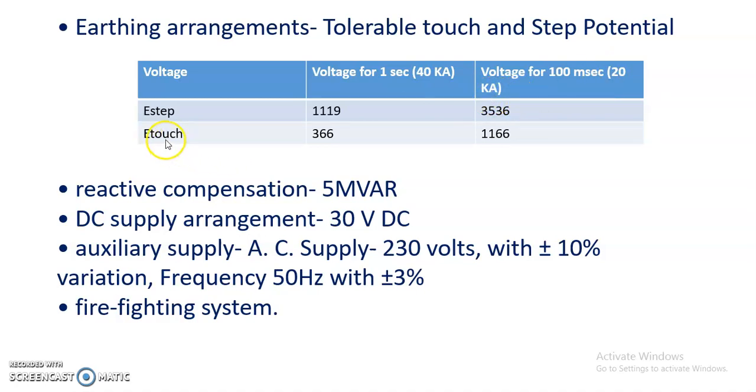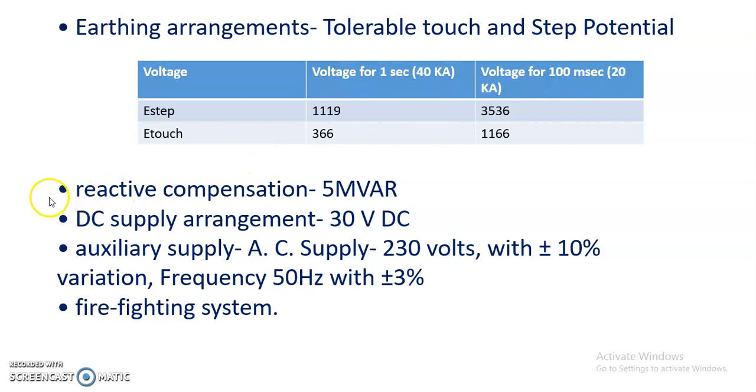And touch voltage or touch potential is 366 volt for 40 kiloampere and 1 second, and 1166 volt for 100 millisecond and 20 kiloampere current. So these are the maximum values of touch potential and step potential that a human being can sustain for 1 second and 100 millisecond.